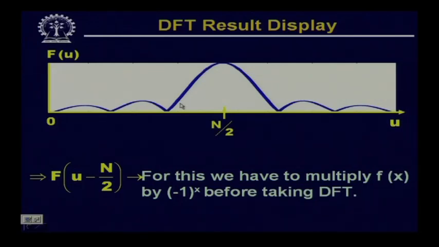For this displacement, we have to multiply f(x) by minus 1 to the power x. If you take the DFT of this result, then we get the Fourier transformation coefficients in this particular form, and this comes from the shifting property of the Fourier transformation.